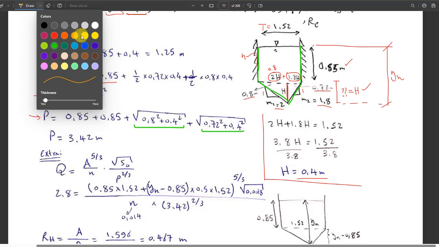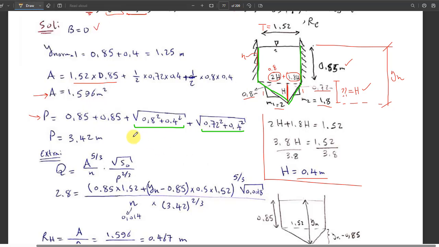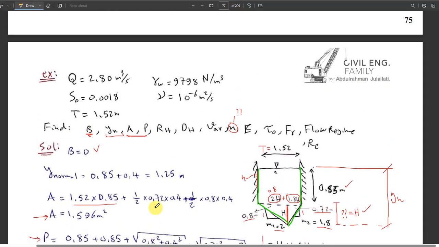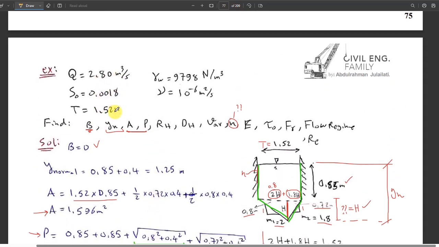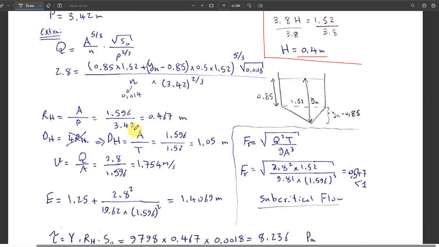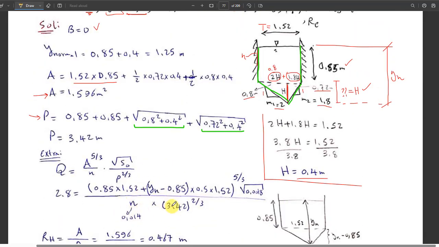Okay? So we got the perimeter. Here it is asking about n, then I would say n will be... I don't know if n is given, it seems it's not. Therefore, we got n, for example, 0.014, or just as a check for yn.